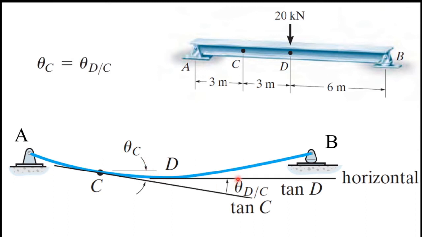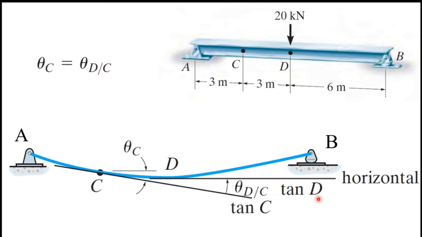And here I mark the angle which is theta D with respect to C. I mark this angle from tan C. So that means this is theta D, because this is the tan D line, this is the tan C line. I measured this angle from tan C to tan D. Therefore, I can write this as theta D with respect to C, or we can just say theta DC.